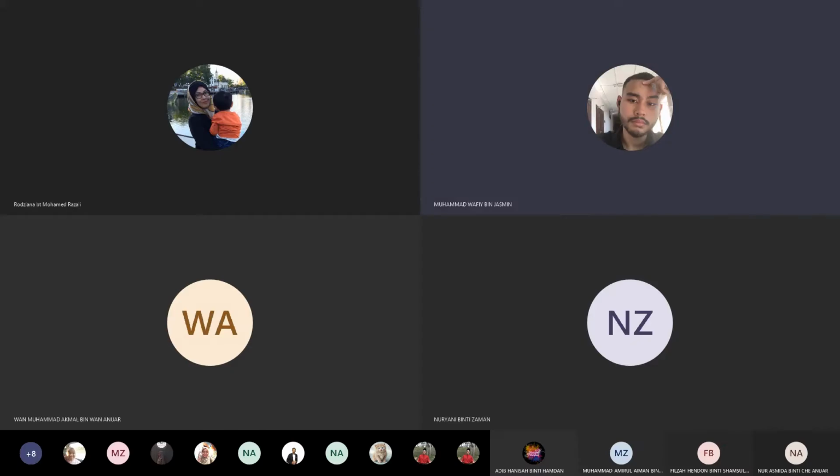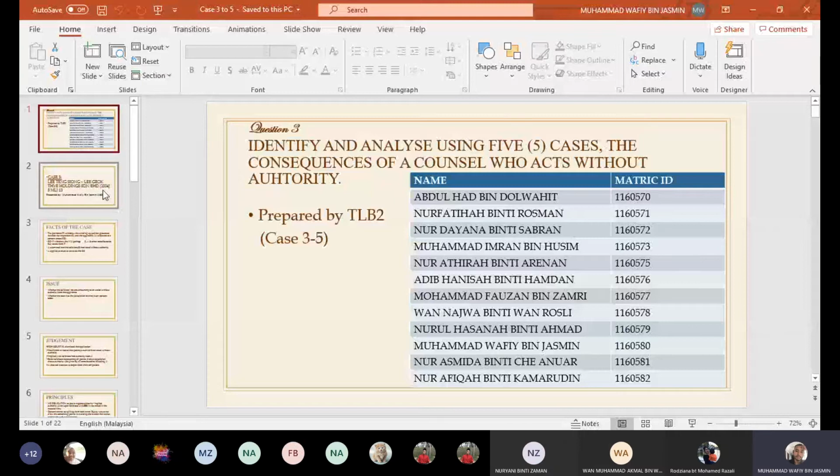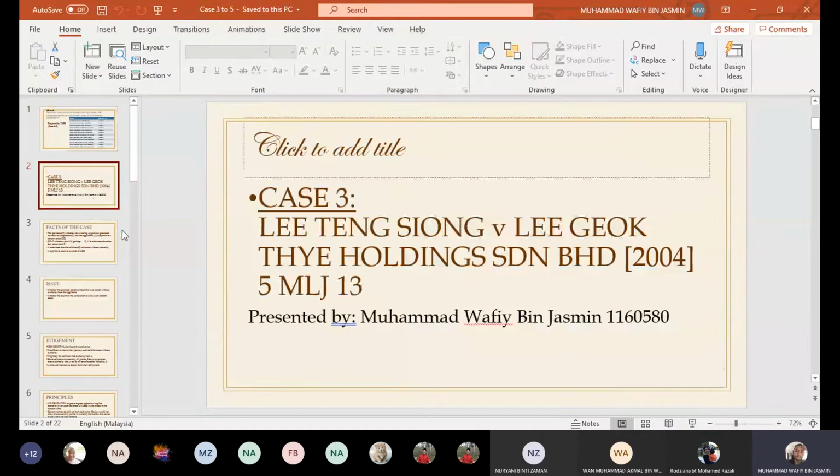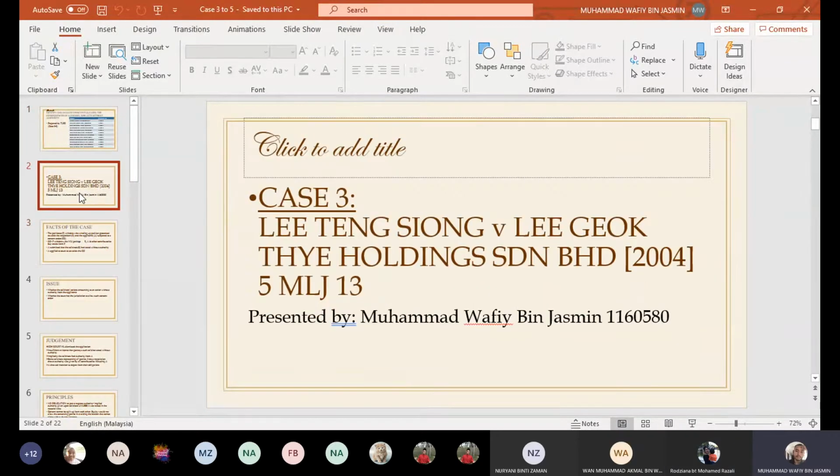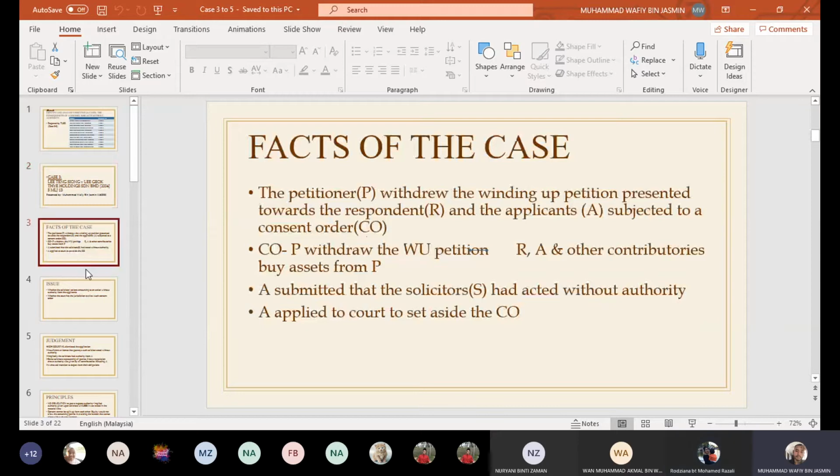is that it will burden the client's liability, as it will involve a contract between the client and another party, as we can illustrate by this case, whereby in this particular case, there are a few parties to this case, which are the applicant, the petitioner, and the respondent.